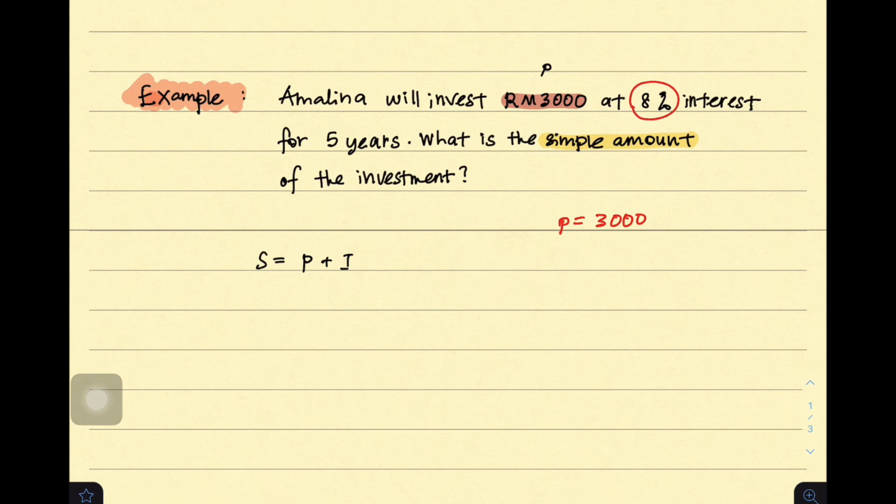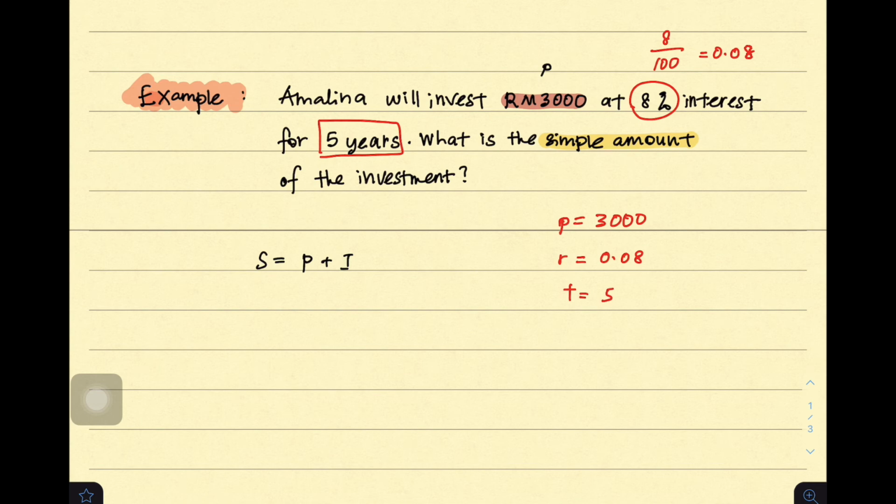You know 8% means that you have 8 over 100. Okay, so you can calculate by using calculator. 8 over 100 is actually 0.08. Okay, means that your interest rate or R is equal to 0.08. Okay, and you are given that your term is for 5 years. So your T is equal to 5.